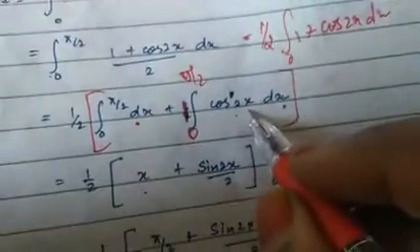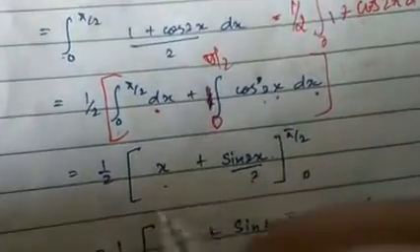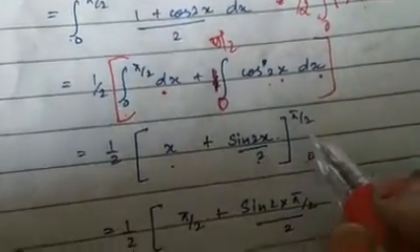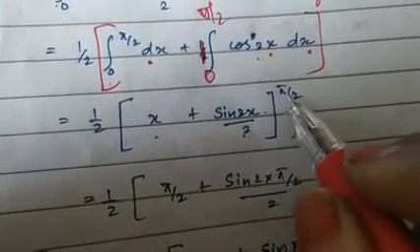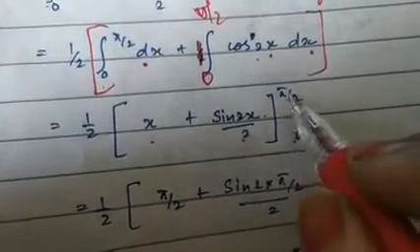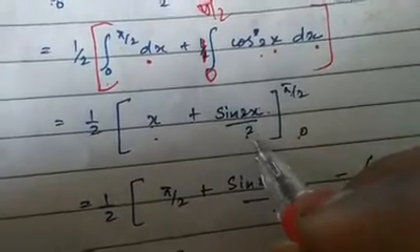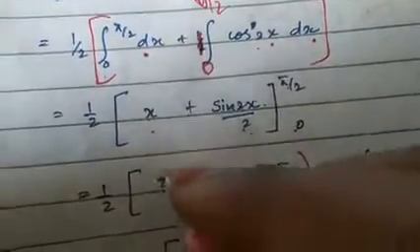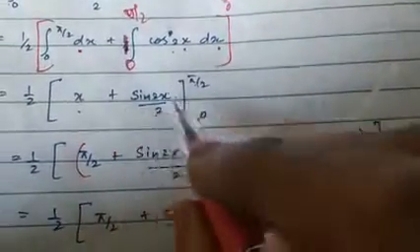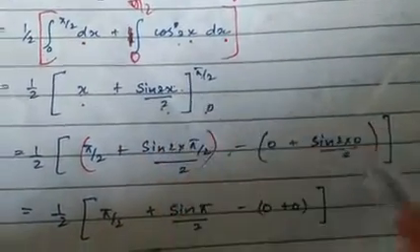When you integrate cos 2x, it is sin 2x by 2. And apply the upper limit and the lower limit. Therefore, upper limit minus lower limit. For the first, apply upper limit: pi by 2 plus sine 2 into pi by 2, divided by 2. These two terms are upper limit. Minus lower limit: 0 plus sine 2 into 0, divided by 2.